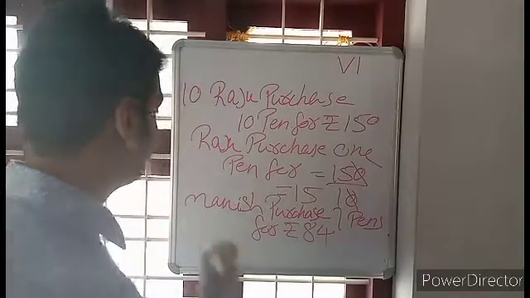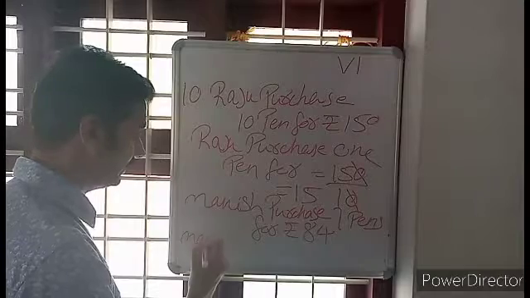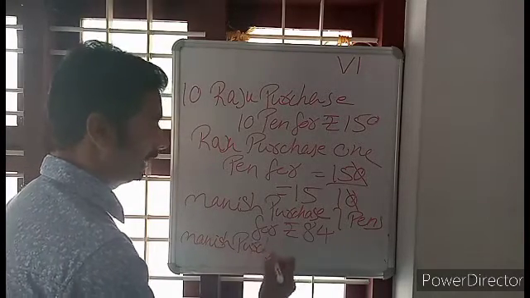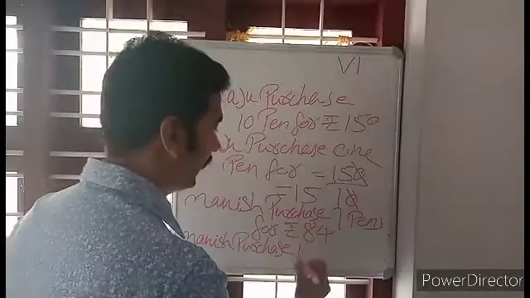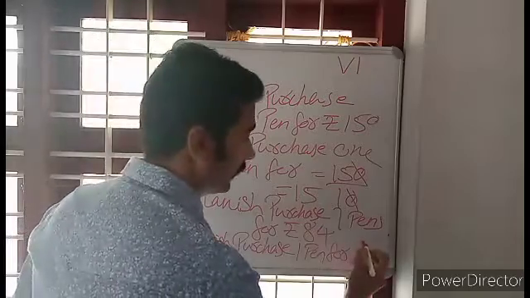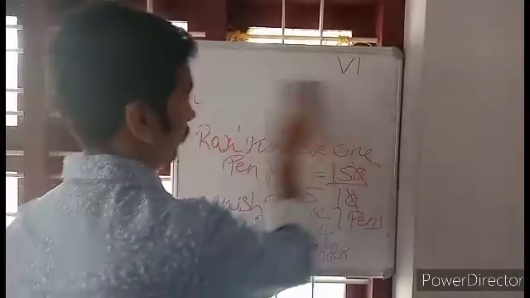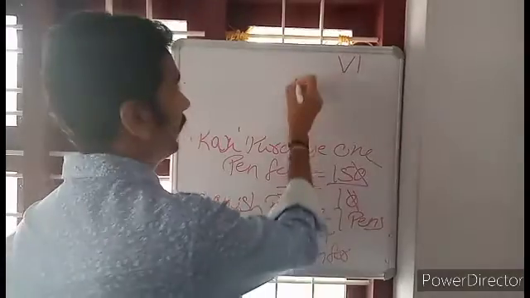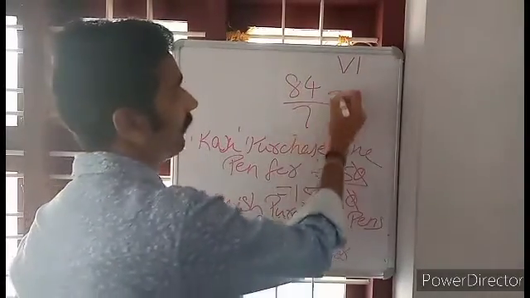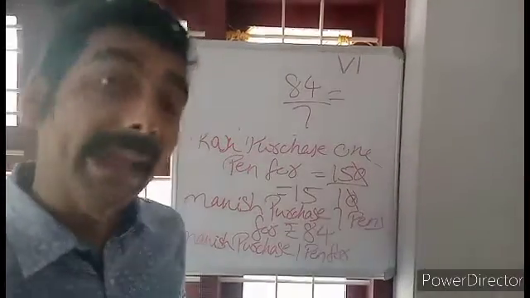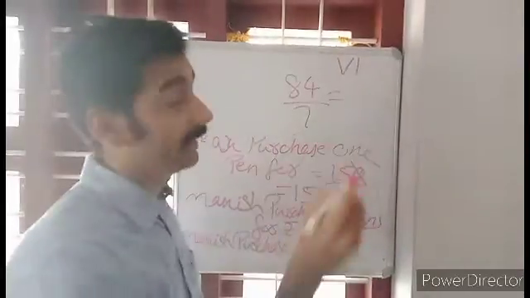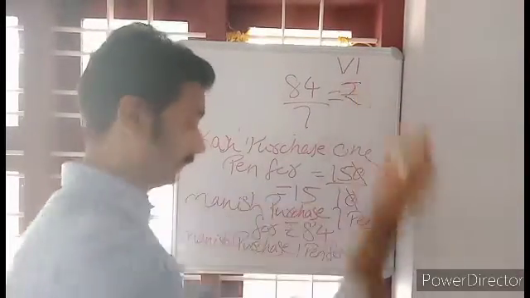Then Manish purchased 1 pen for 84 upon 7, that means 84 divided by 7. You get rupees 12.